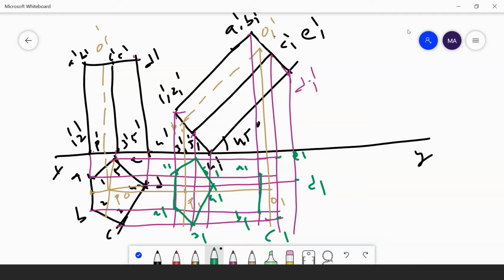I am joining all these points. I am joining 5 1, E1. I am joining 3 1, C1. I am joining 4 1, D1. Understand?